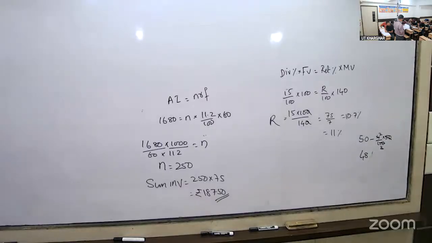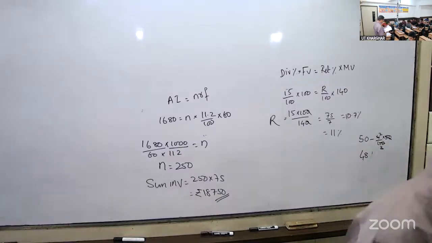Face value 5 rupees. Rate of dividend 4.5%. Market value 3.50, which means 7 by 2.